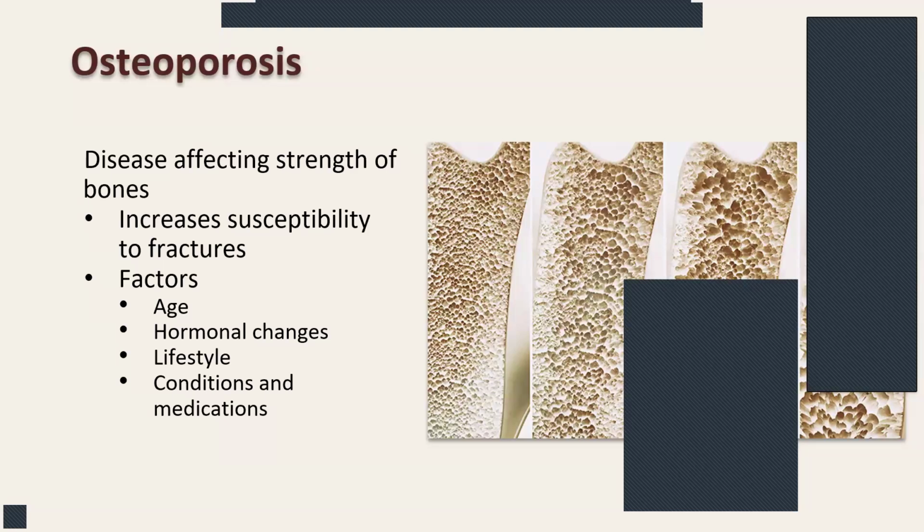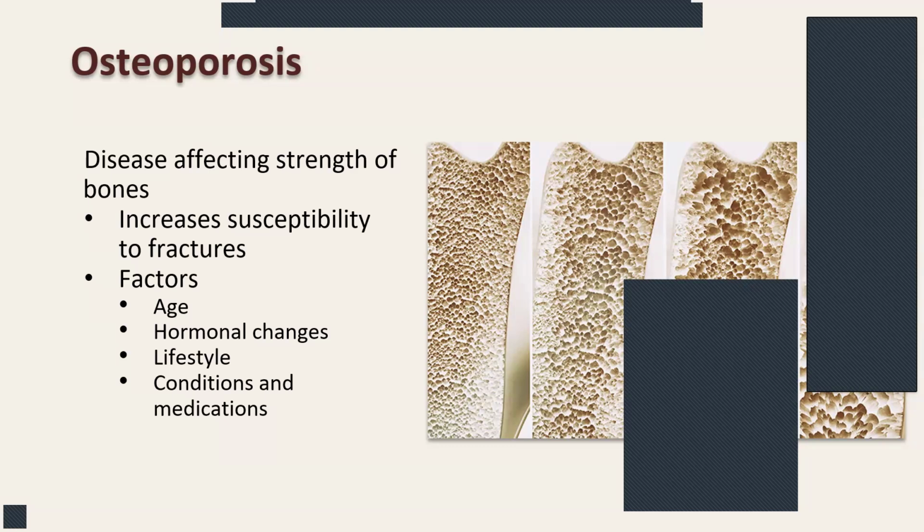Lifestyle is also a factor, and that would be things like diet. If someone is not getting enough calcium or vitamin D in their diet, or if they're consuming substances that we know will prevent our bodies from absorbing calcium, and that's things like phosphorus, those diet changes can affect the structure of our bones.